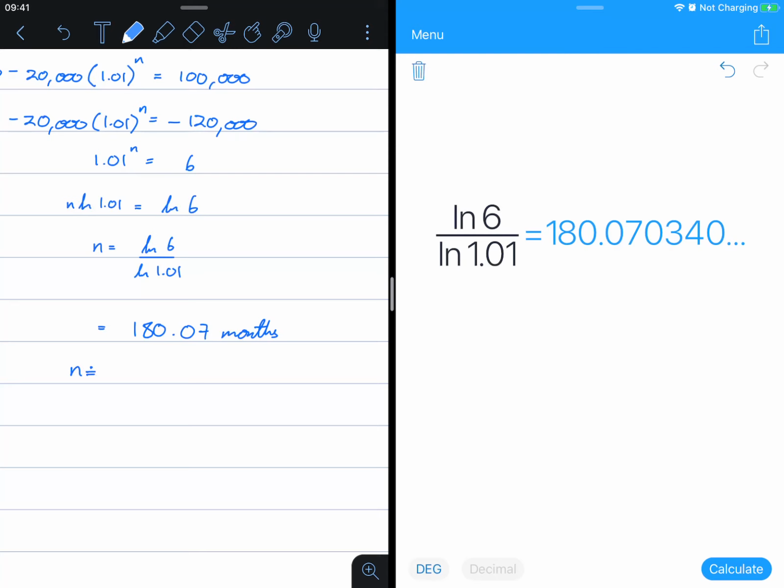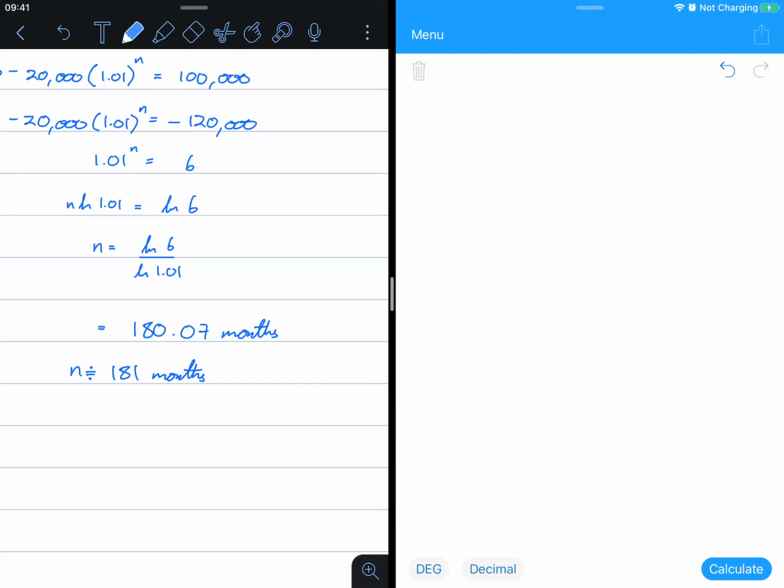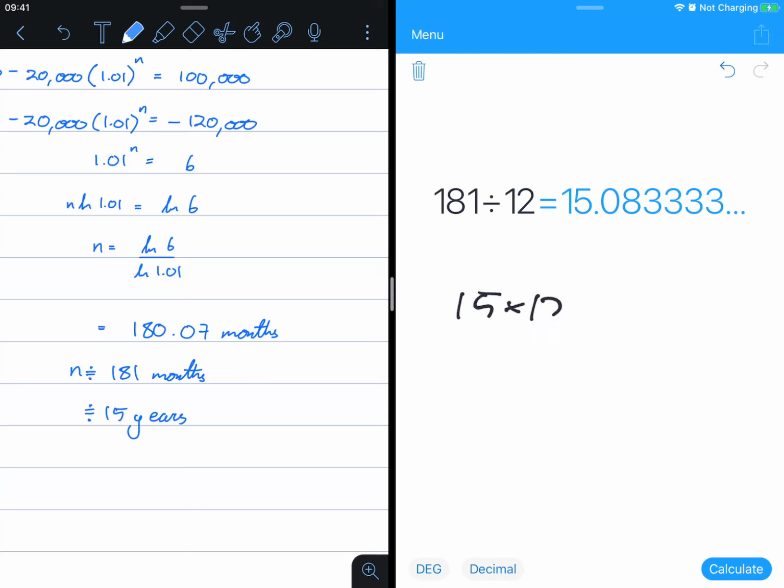So n is approximately 181 months, which if we want to convert to years, that's approximately 15 years. Let's do 15 times 12. What's the remaining number of months? 15 years and 1 month, approximately.